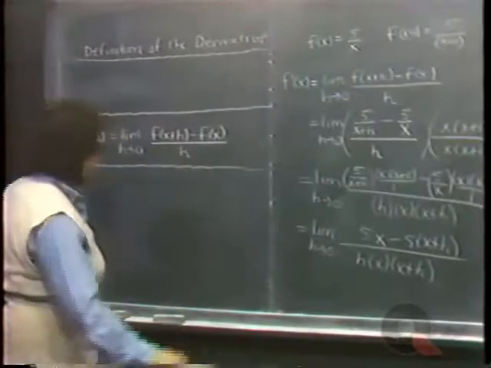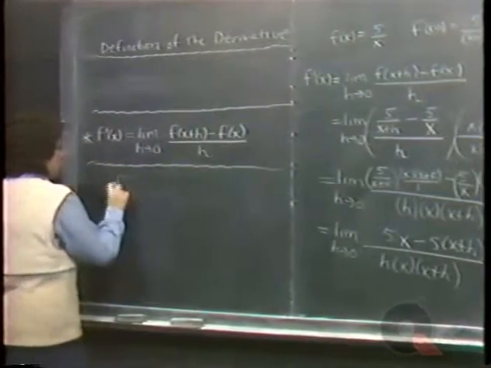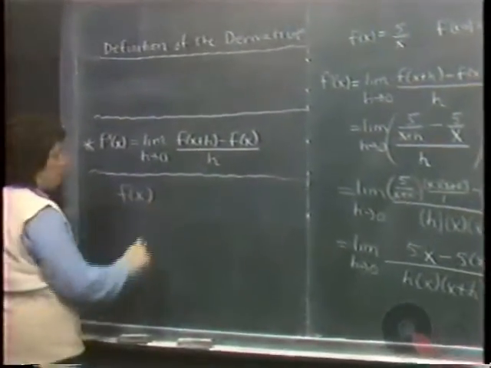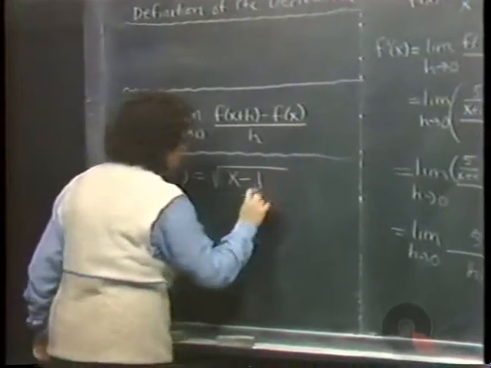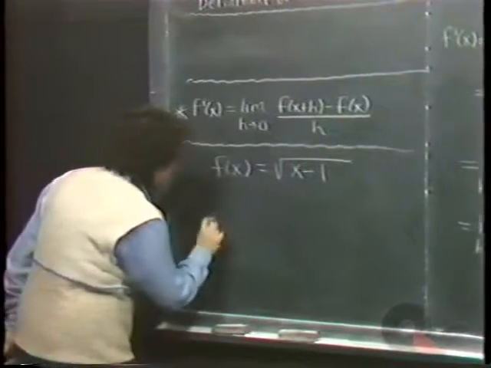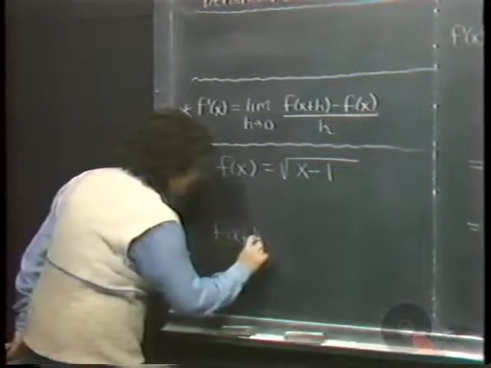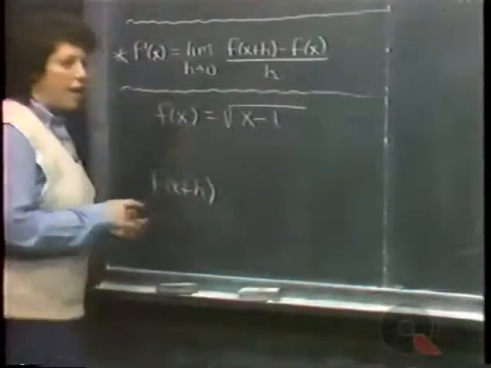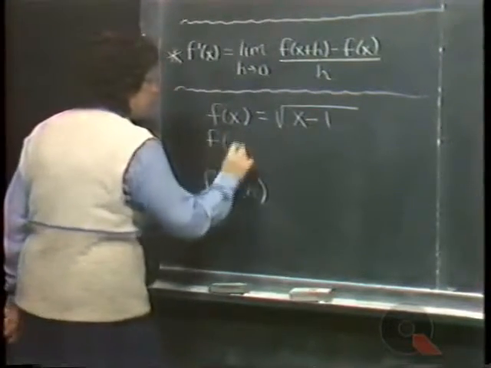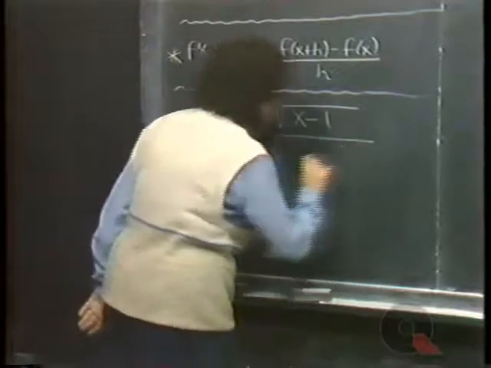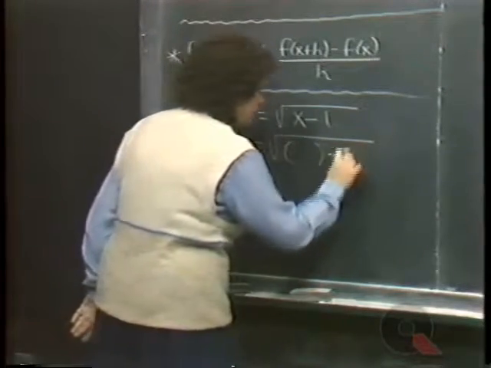For our last example today, let us work with a square root function. f of x is the square root of x minus 1. Figure out f of x plus h. f of x is the square root of x minus 1. f of anything would be the square root of that something minus 1.